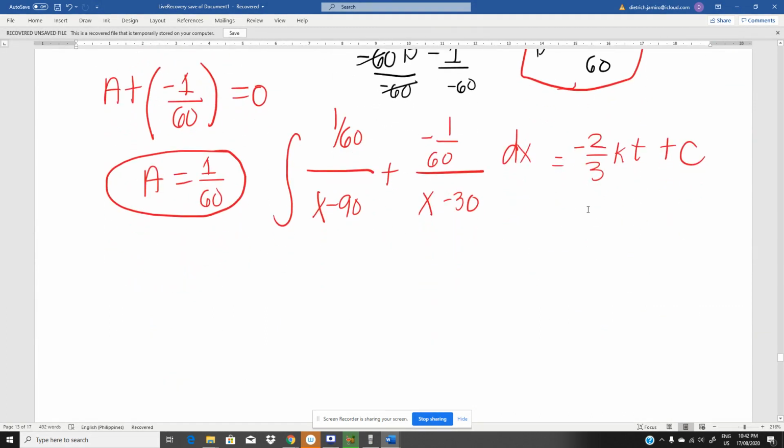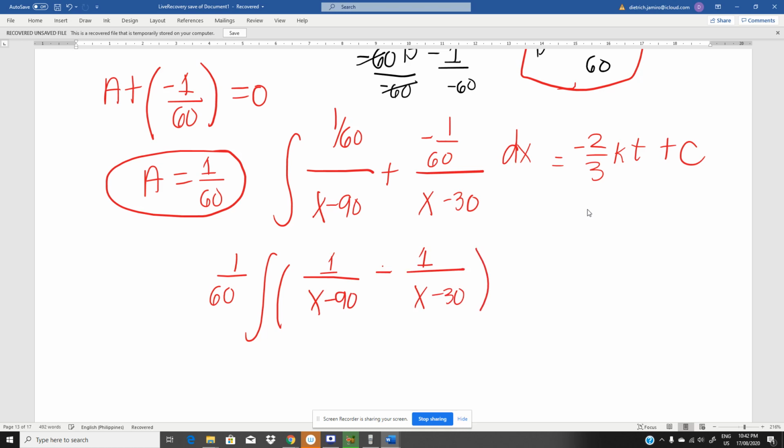And then I'll factor 1 over 60 out of our numerator. So we will have 1 over 60 integral of 1 over x minus 90 minus 1 over x minus 30 dx is equal to negative 2/3 kt plus c.